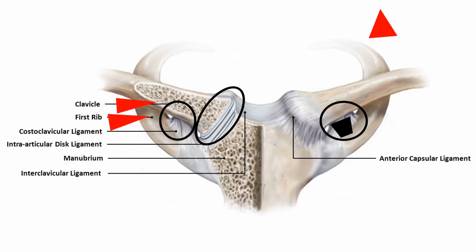And here is another view of this ligament, which is called the costoclavicular ligament. Costo means ribs or chest, and clavicular for the clavicle, and you see anatomy is a descriptive science.